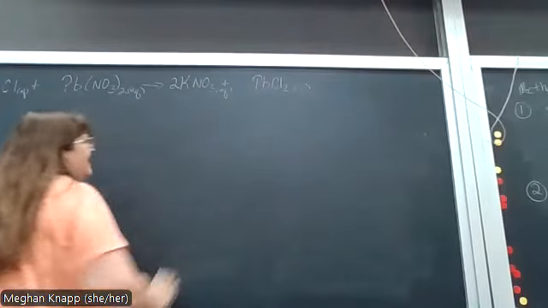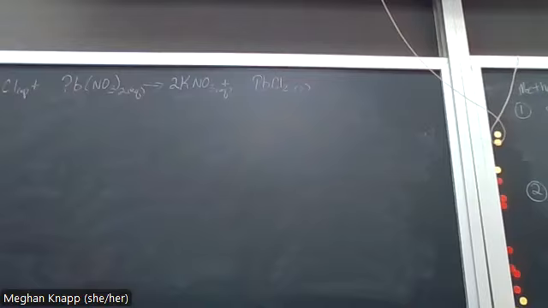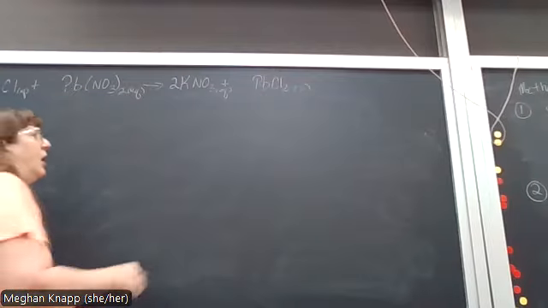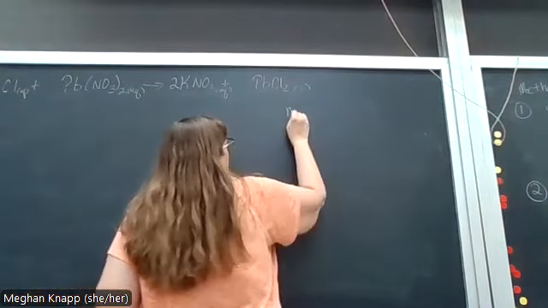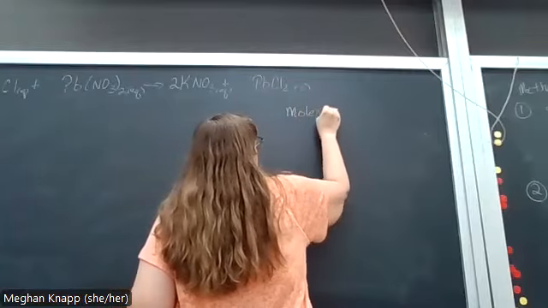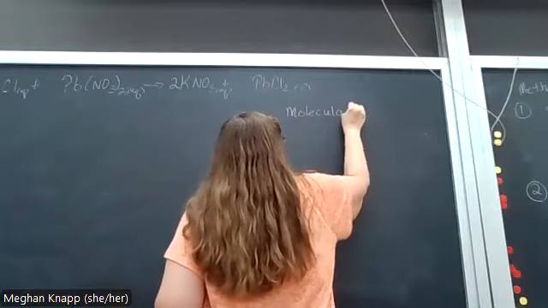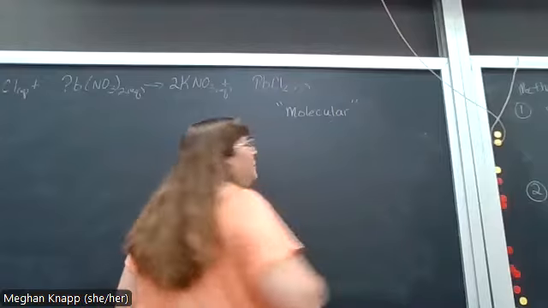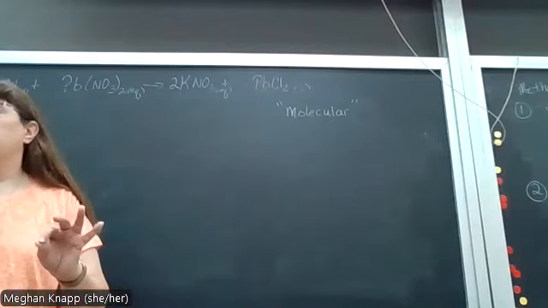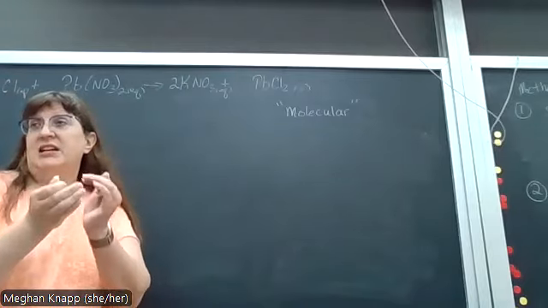Problem with this is this isn't really a good representation of what's going on in the beaker. Now, I hate this term that I'm going to give you, but it's what chemists use. We would call this the molecular equation. I'm going to put that in quotes because these are not molecules, okay? Molecules stay together in water.